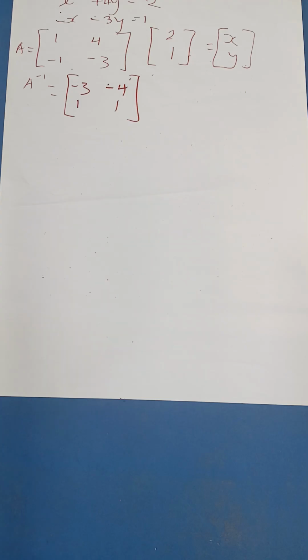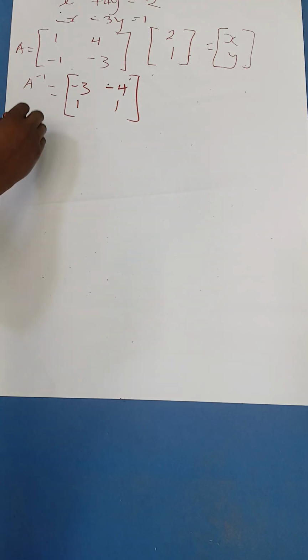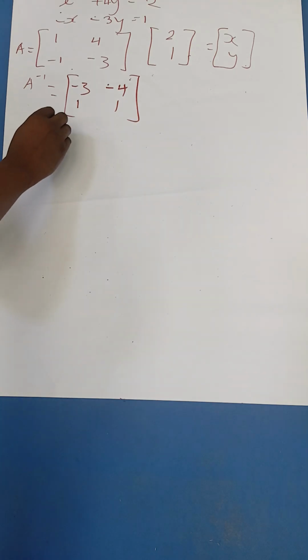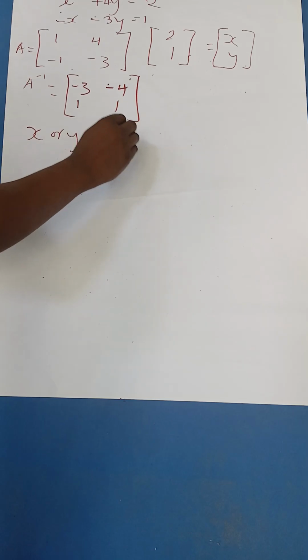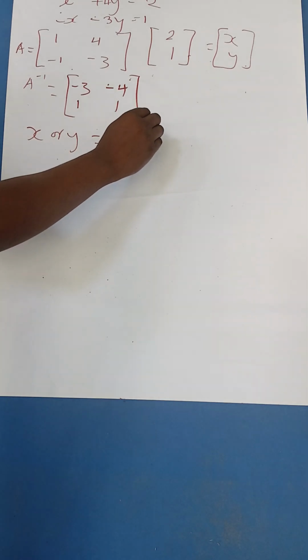Now, if you have your inverse, to find the values of x and y, we multiply the inverse by what?